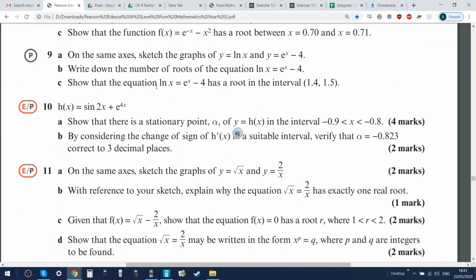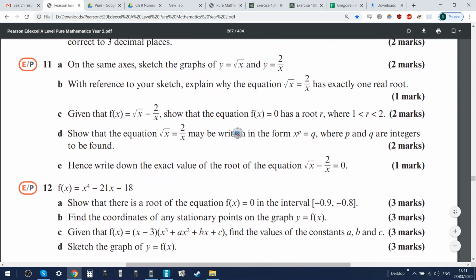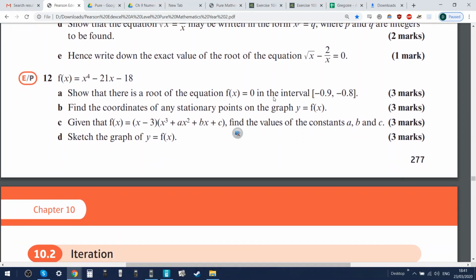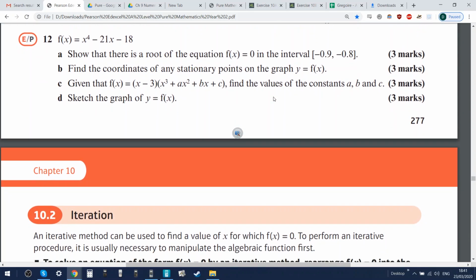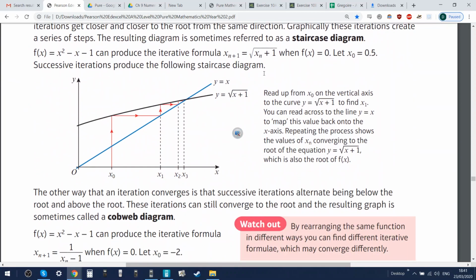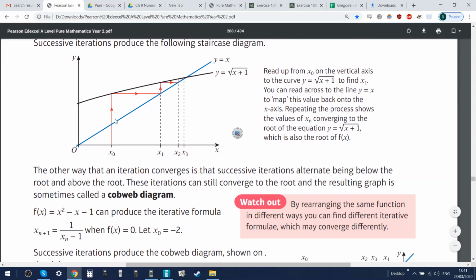It's the same sort of idea. You can see they used e to the x, the square root, and 1 over x. There were some other little things, like find the coordinates of stationary points, but that's just differentiation.